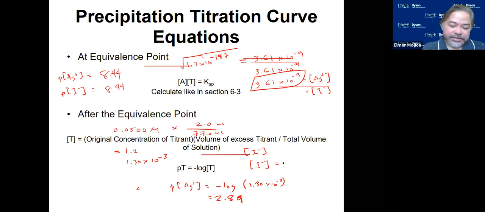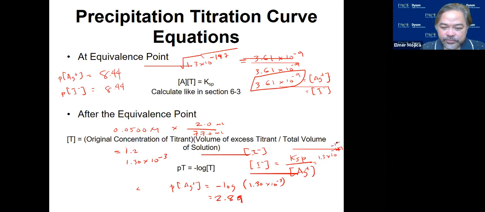How are we going to get the iodide concentration? So you have the Ksp there, you divide it by the silver ion concentration. So you have there 1.3 times 10 to the negative 17, and you divide it by 1.30 times 10 to the negative 3.